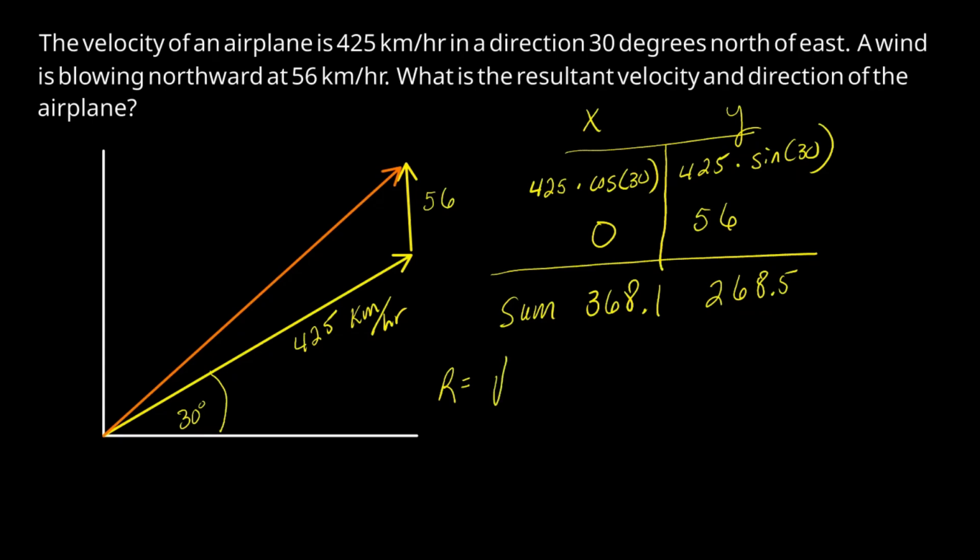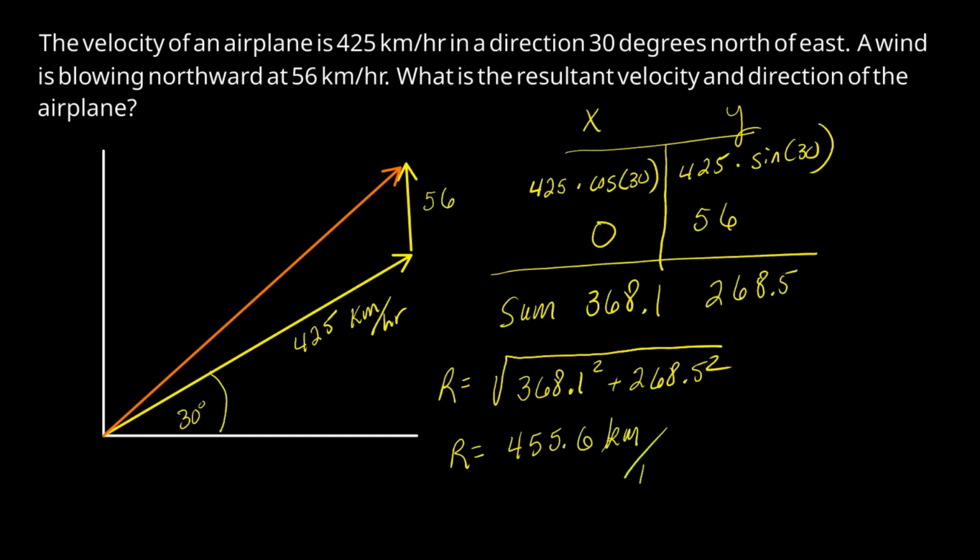So R is going to be the square root of 368.1 squared plus 268.5 squared. So R is going to be 455.6 kilometers per hour. Now let's solve for our angle theta here.